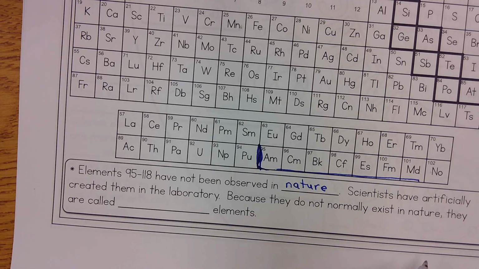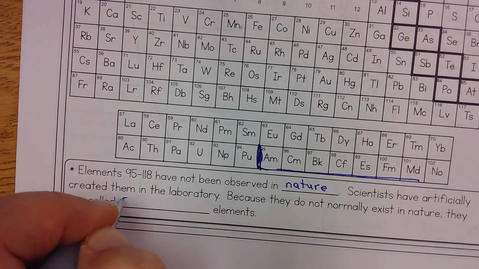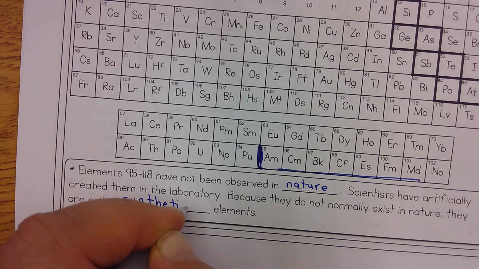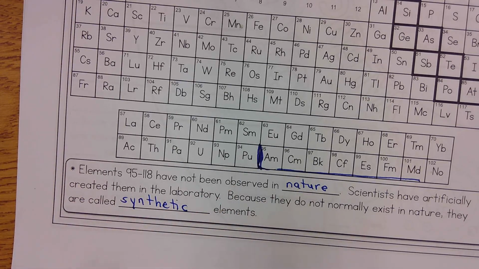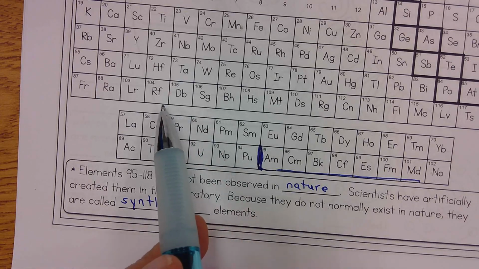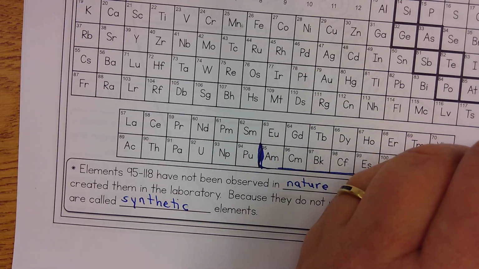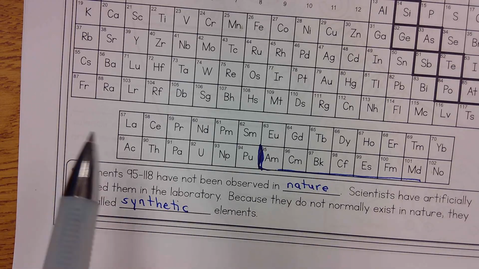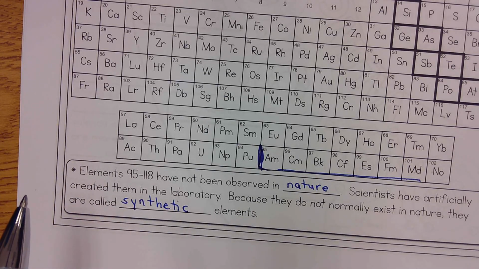So because of that, they do have a special name. They're called synthetic elements. So from 95 all the way to 118, which this doesn't list. Oh, I guess they're up here, huh? They do move back up here to 118. They're synthetic. Can't find them in nature anywhere.